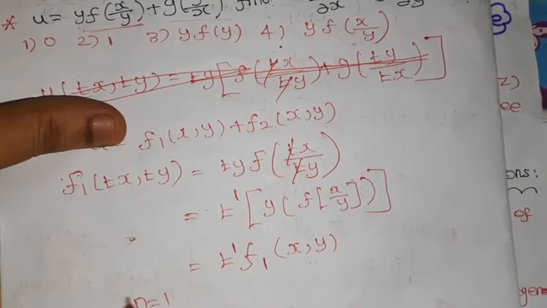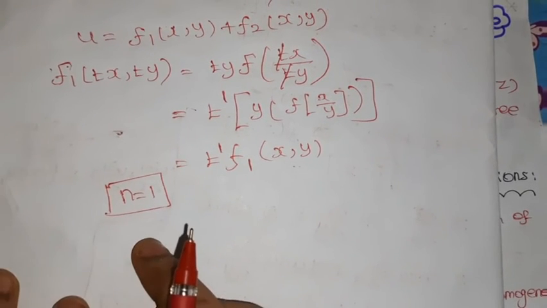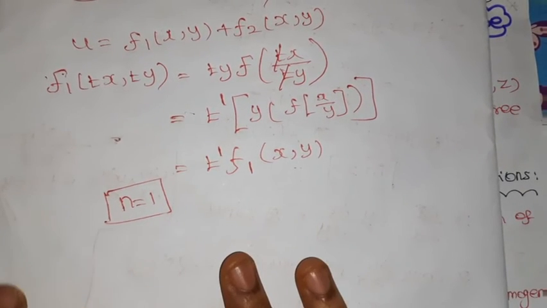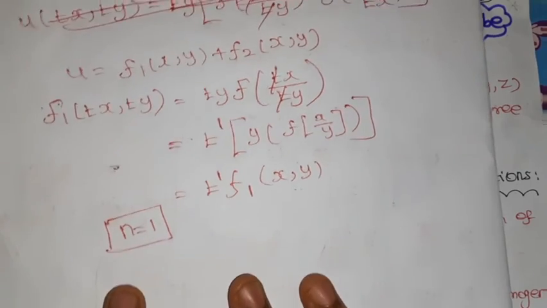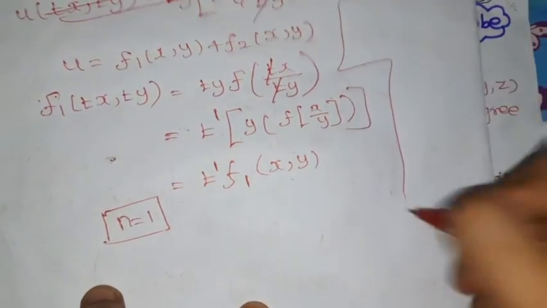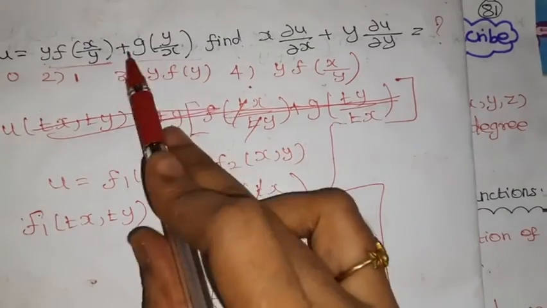Then n equals 1. So for function 1, what is the degree? By Euler's theorem, function 1 is a homogeneous function with degree 1. Then we need to check the homogeneity for function 2.